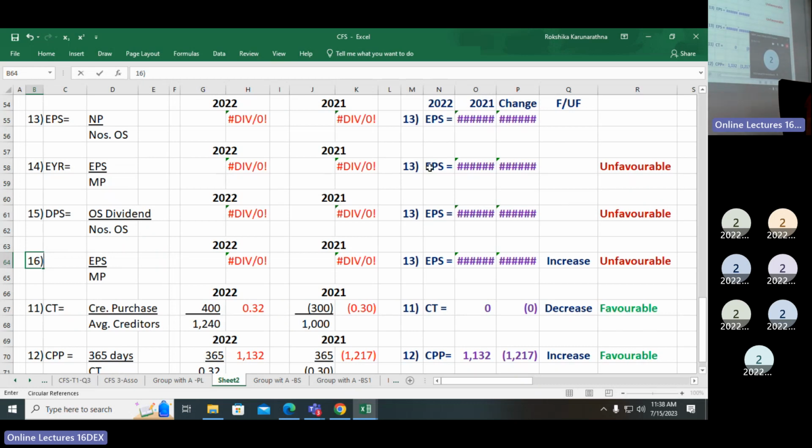This is the earning yield ratio. This is dividend per share. 13, 14, 15, dividend yield ratio. Here you take the dividend per share divided by market price.